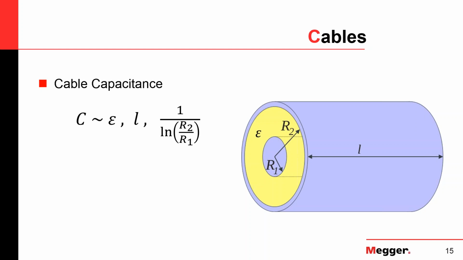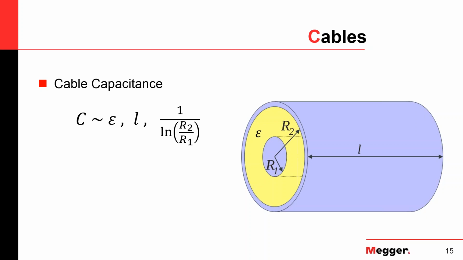Now, just a few things that determine the behavior of the cable, or what makes the cable work. So the cable has a capacitance. That capacitance is proportional to a few physical, mechanical design parameters. So the epsilon that you see here, that's a typical abbreviation for the material of the main insulation.